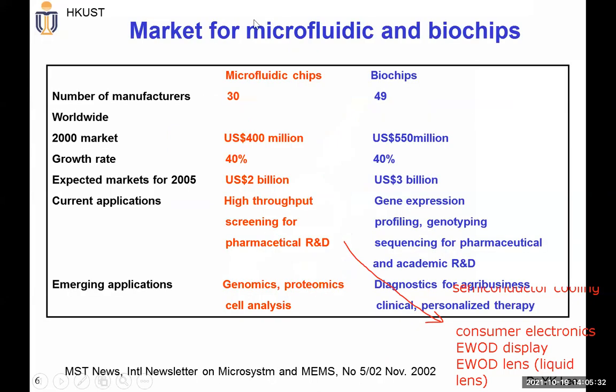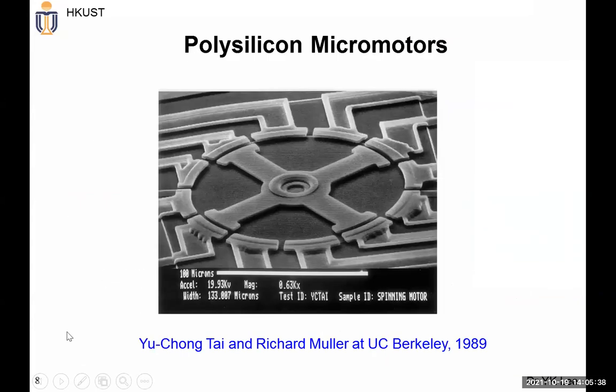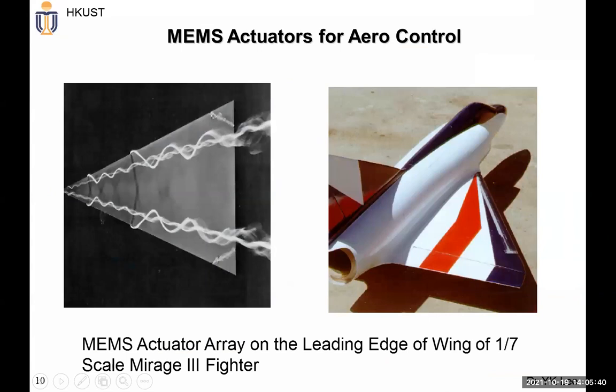Of course we also mentioned about this kind of market, and again we just quickly show a highlight: if we can make this kind of MEMS device, sensor and actuator, for example this particular one we mentioned, right?